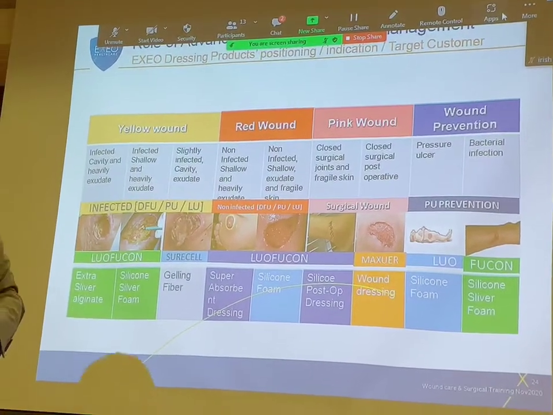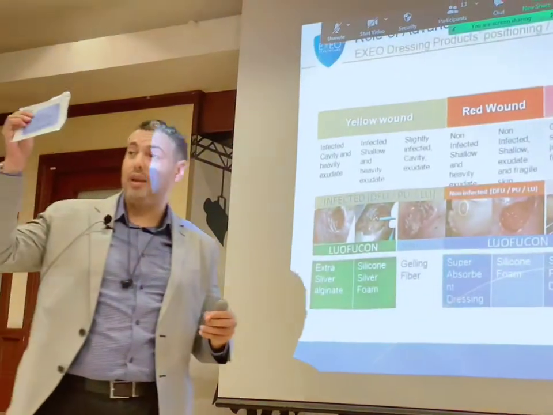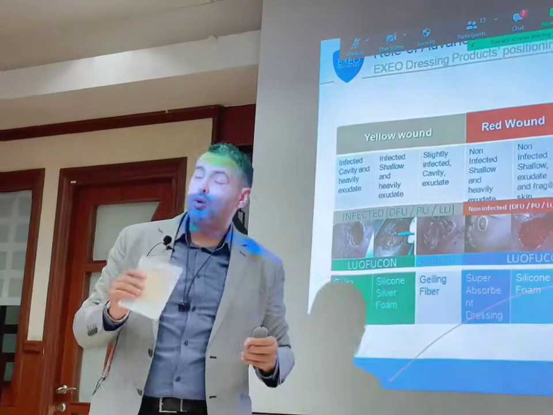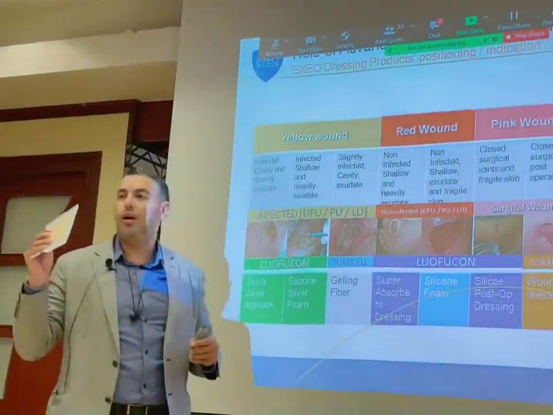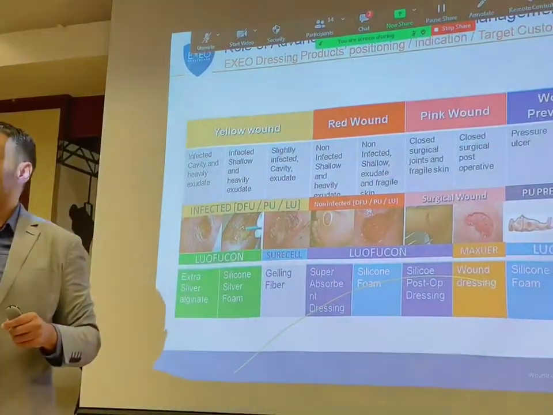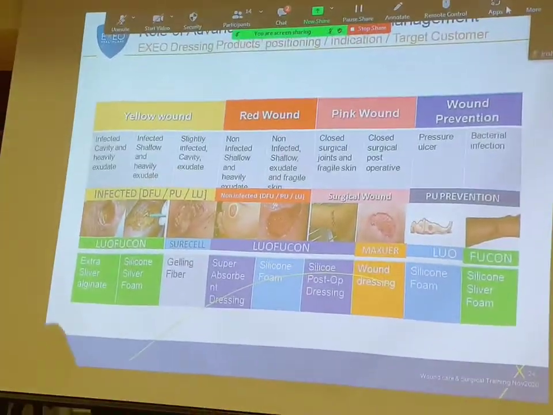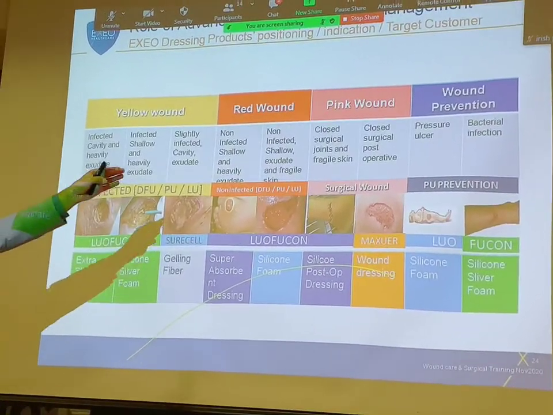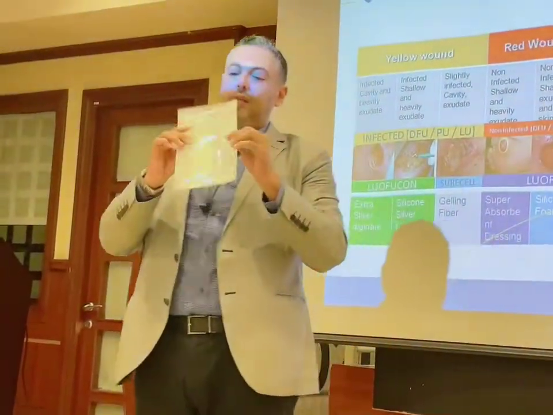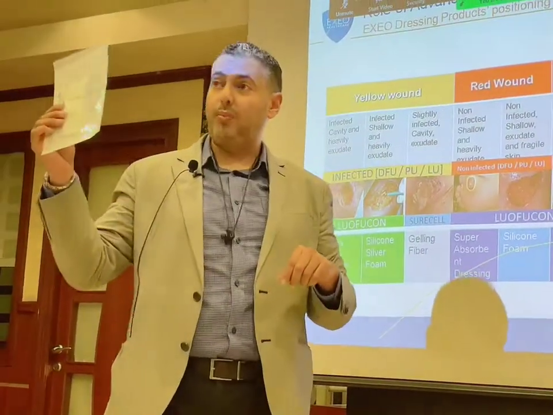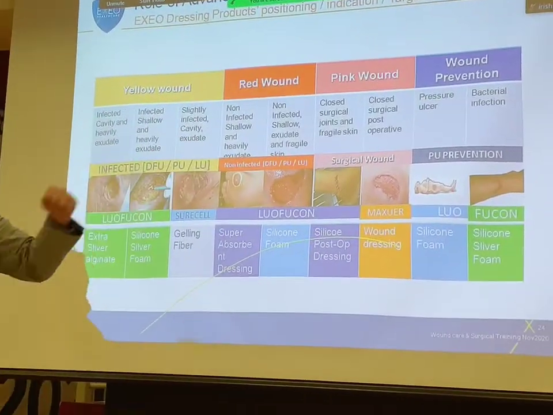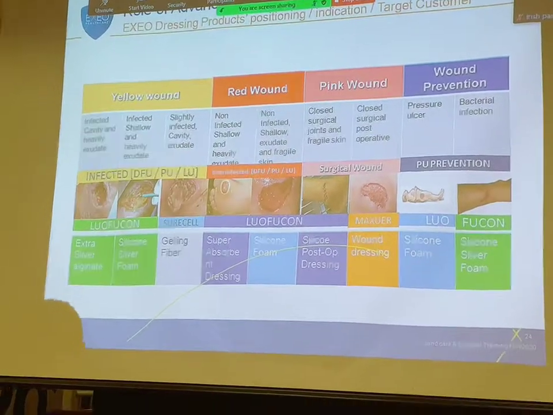For extremely exudative wounds, we have a super absorbent dressing, and for moderate to high exudate wounds, we have the Lofcon Silicone Foam 5-Layer dressing. For the surgical wound, for the unflattened and joint area, we have Lofcon Silicone Post-Op. For prevention, we always use the Lofcon Silicone Foam 5 Layers.